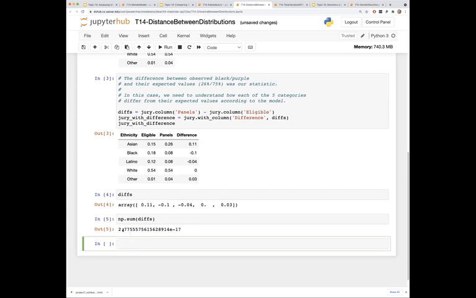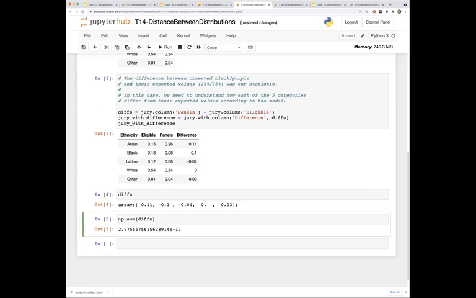I mean, it says it's some number, but it's 10 to the -17th. That's just due to floating point rounding errors. But the sum is actually 0. But if we take the absolute value of that, we can see we got to take the absolute. That is not going to do what I want.